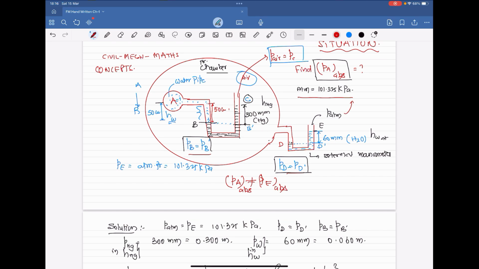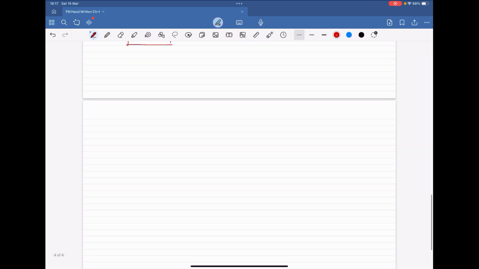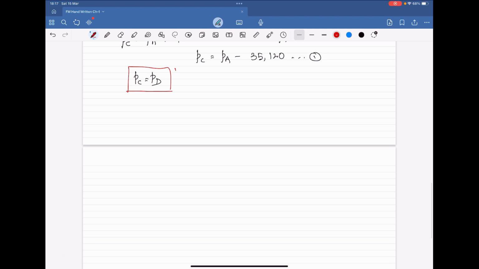It is directly connected. When some point is directly connected to another point and it is in equilibrium, then both the points will have the same pressure. PC is equal to PD. Please try to understand that. Another important concept you have to understand.